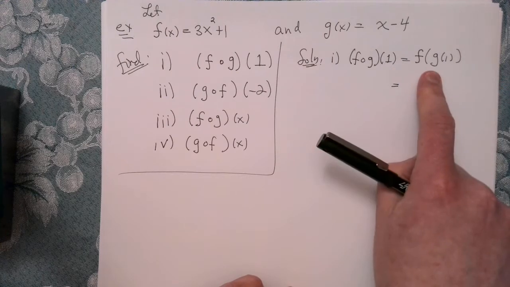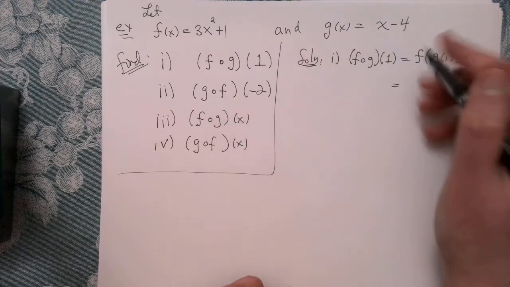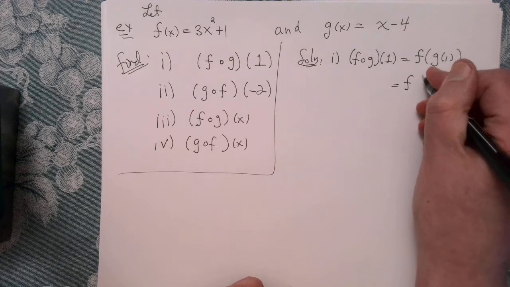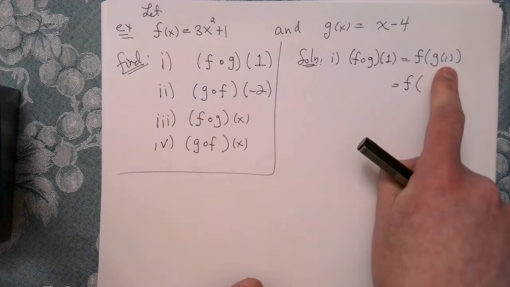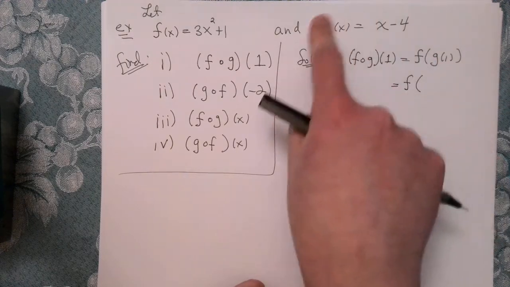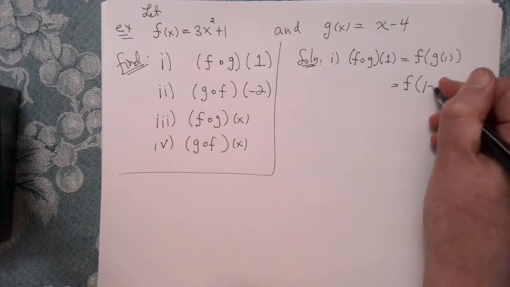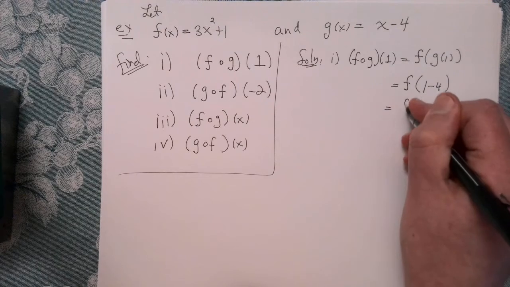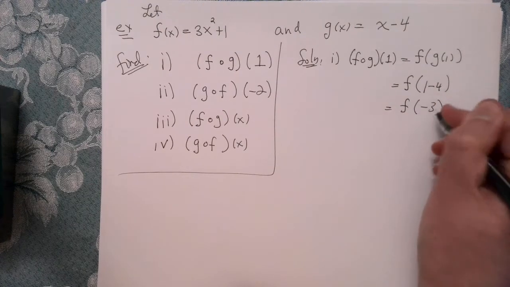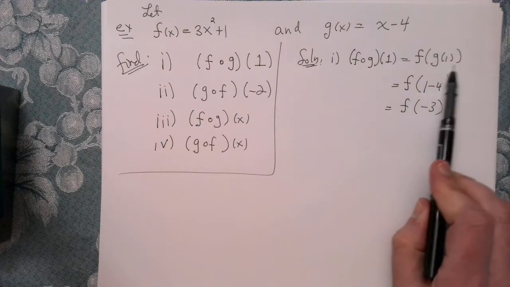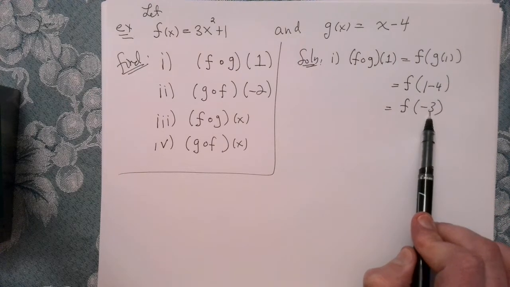Okay, so step 1 is to compute g of 1. I'll write this in steps so you can clearly see. To find g of 1 means that I plug 1 in for x here. So that'll be 1 minus 4. But that's exactly f of minus 3. As you can see, the output of g is now the input of f.